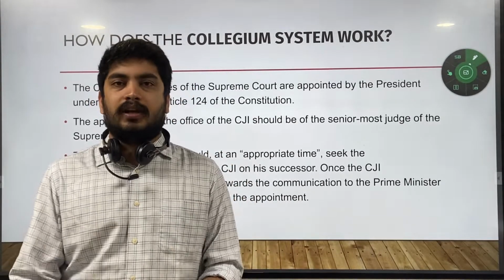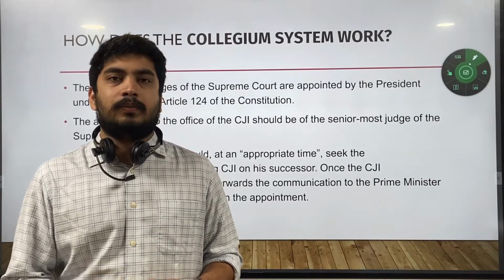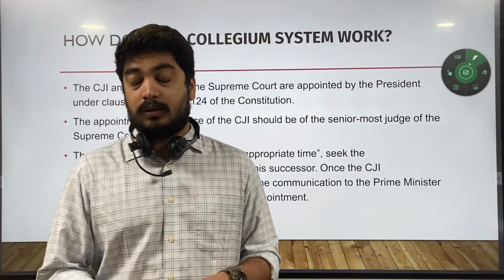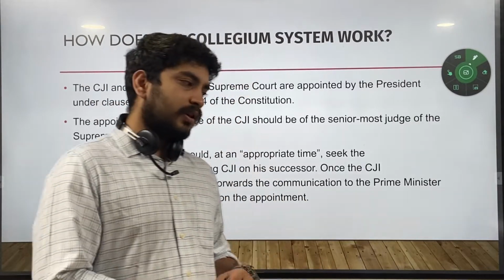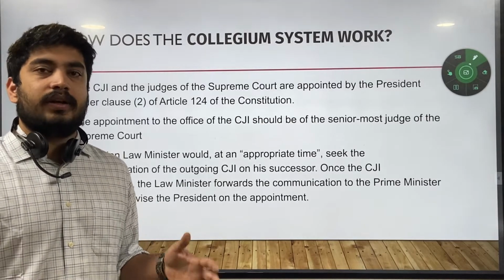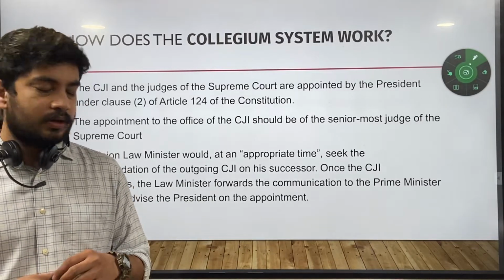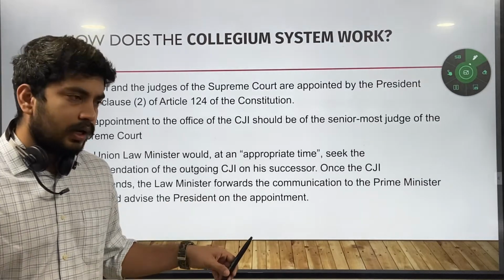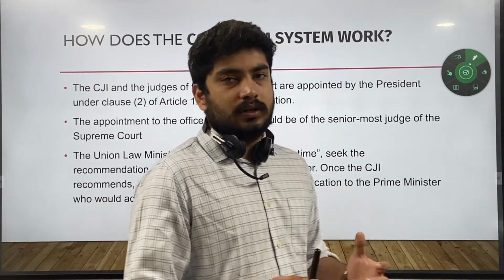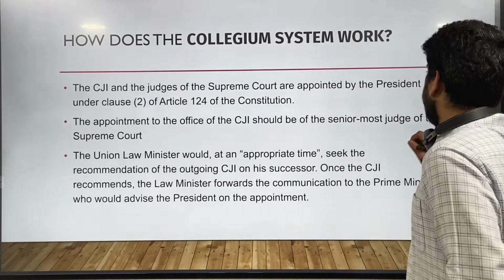So he recommends a name, then the Union Minister will pass this to the Prime Minister. Then the Prime Minister will advise the President. As you all know, the President works under the aid and advice of the Council of Ministers. So the Prime Minister will advise this to the President, and then the judge or the Chief Justice is appointed.